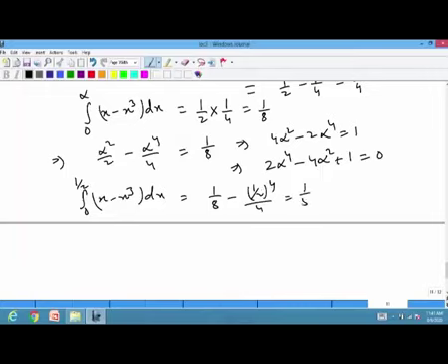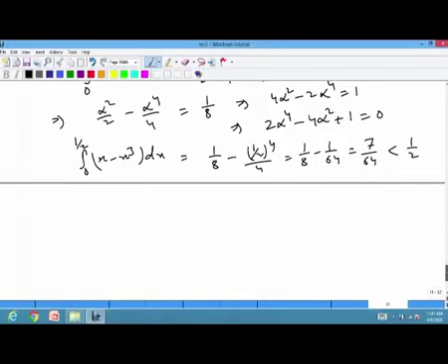So, this is 1 by 8 minus 1 by 64, which is 7 by 64, which is less than half. So, if we integrate from 0 to half, we get the area which is less than half. So, therefore, alpha must be bigger than half.